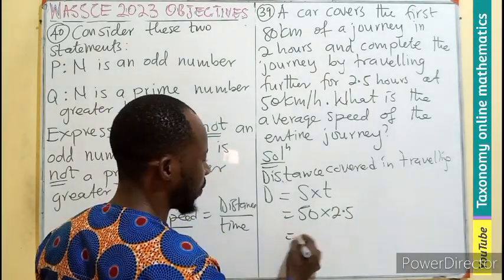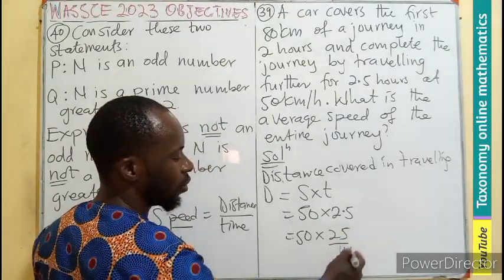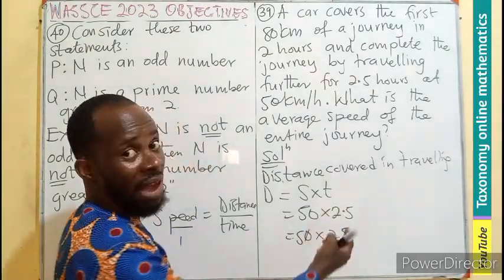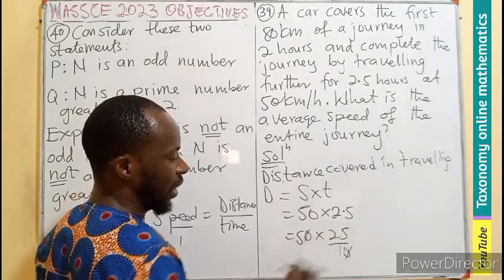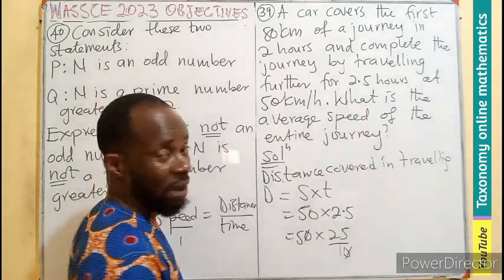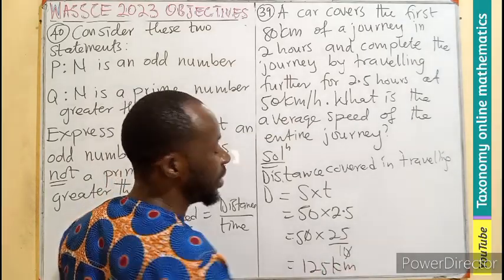So this will be 50 times 25 divided by 10, where, don't forget, 2.5 in fraction form is 25 divided by 10. So the zeros will cancel. 5 will multiply 25. That will be 125 kilometers.